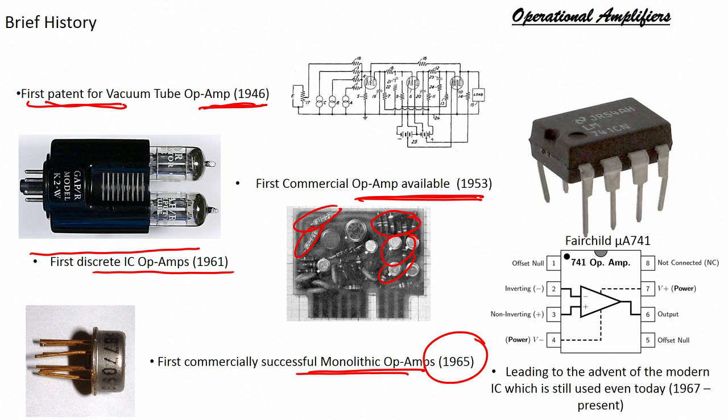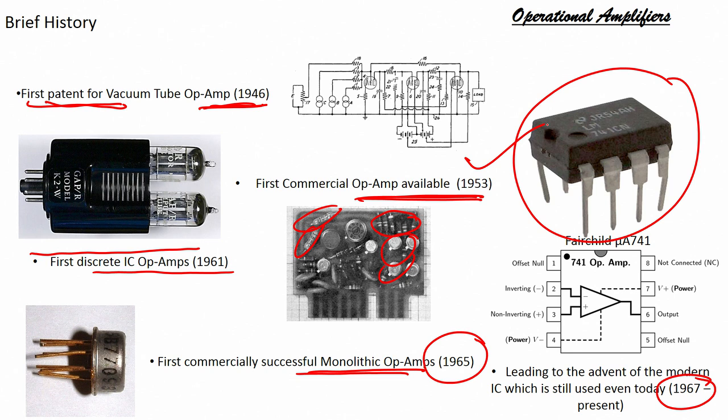Then in 1967, we got the first op amp which looked like this, which currently also we are using, the same operational amplifier, the mu A 741 by Fairchild. So, leading to advancement of the technology, which is integrated technology, we could have this particular IC.